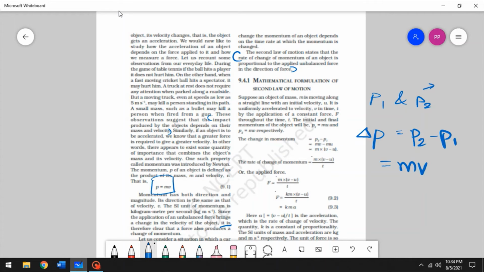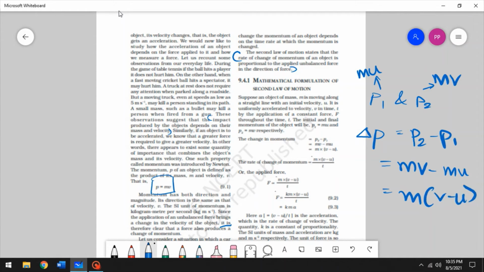The mass will remain constant, and for P1, which is the initial momentum, mass will remain constant as well. For initial momentum, it would be initial velocity, which is u, and for final momentum, it would be final velocity, which is v. So final momentum minus initial momentum would be equal to mv minus mu. If you take m common, it would be m of v minus u.